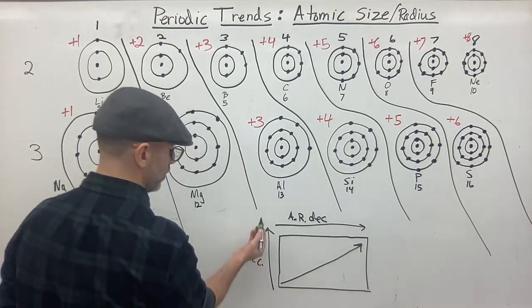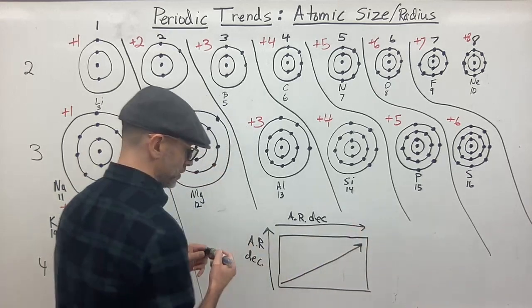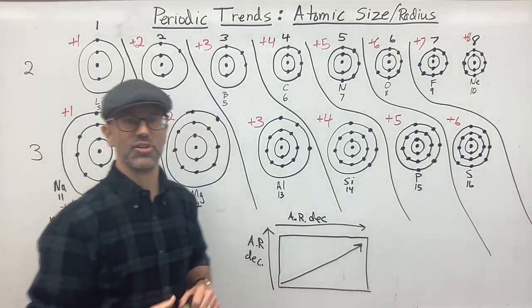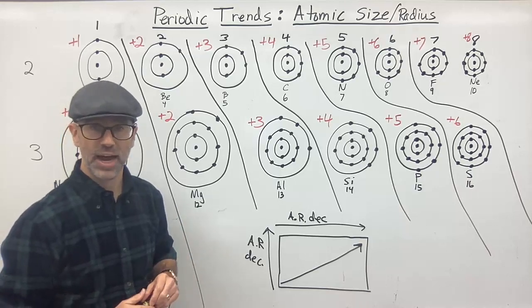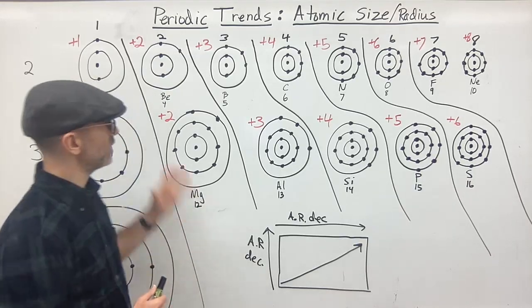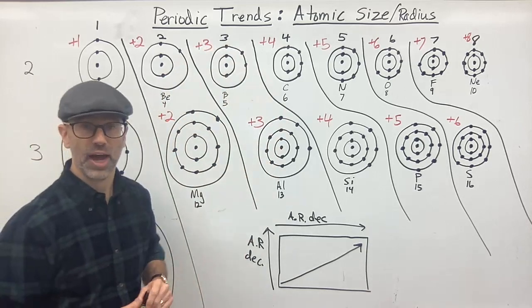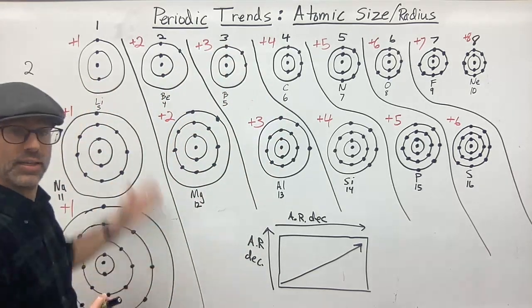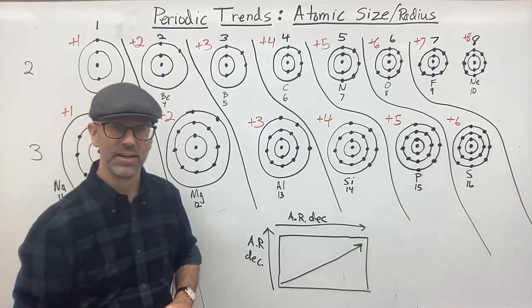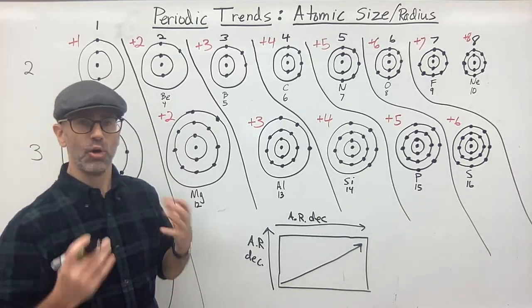So atomic radius decreases and decreases. And that, ladies and gentlemen, is the trend of atomic size in the periodic table based on what we understand going on with the effective nuclear charge and what's going on with the number of shells being added as we go down a group.